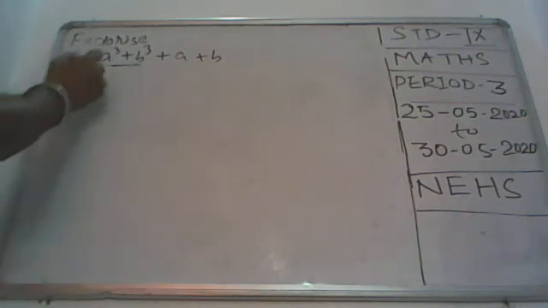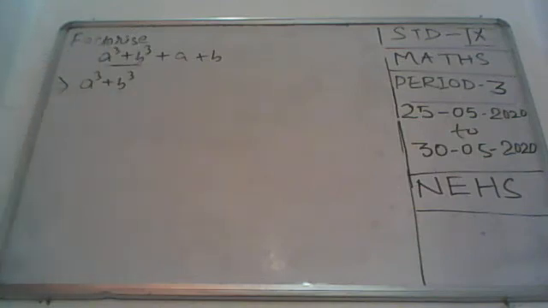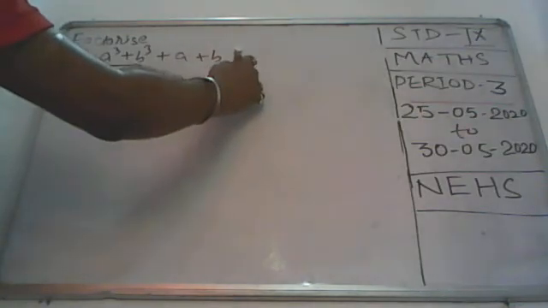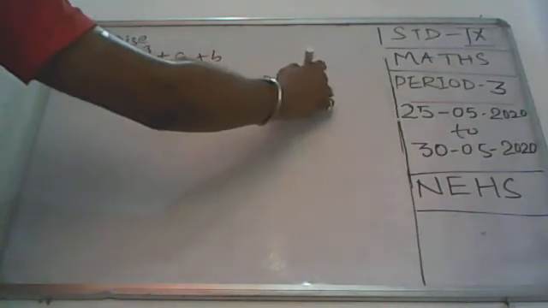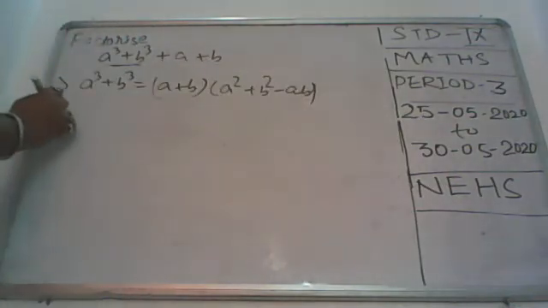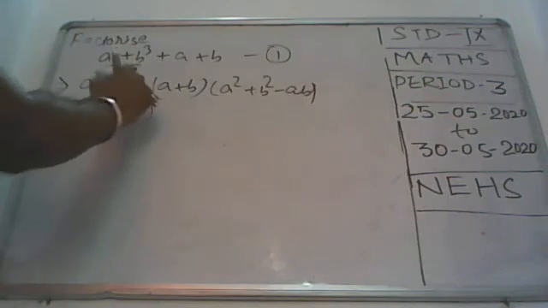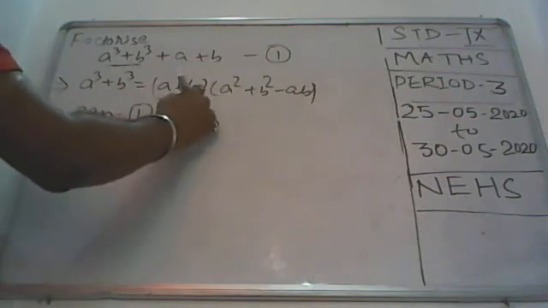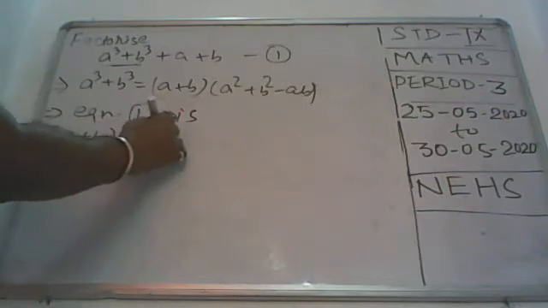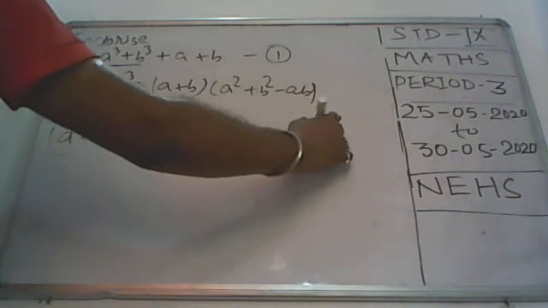How? See this. A cube plus b cube can be written as a plus b into a square plus b square minus ab. Then our expression becomes a plus b into a square plus b square minus ab, plus a plus b.